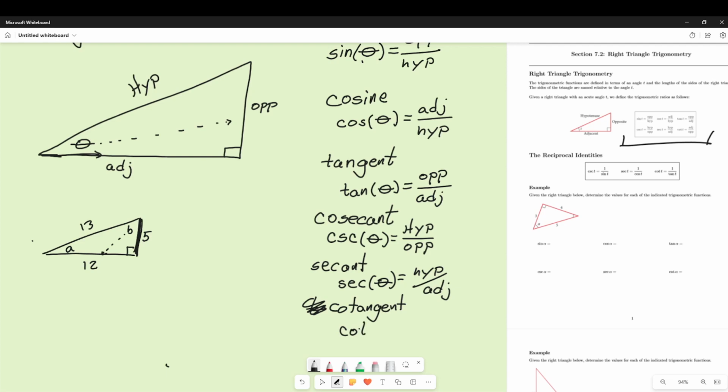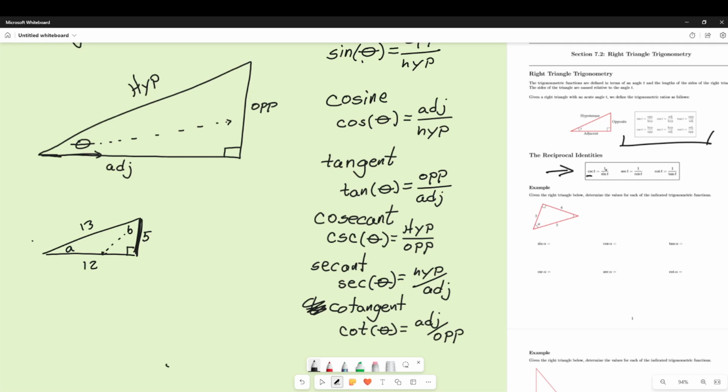Abbreviated COT of theta. Well, that's the same as our tangent. Same pairing, just its reciprocal. And that's where we get these reciprocal identities here, that the cosecant is the same as 1 over the sine.